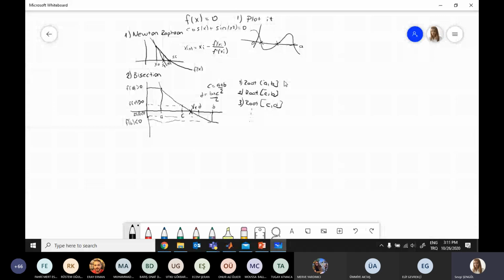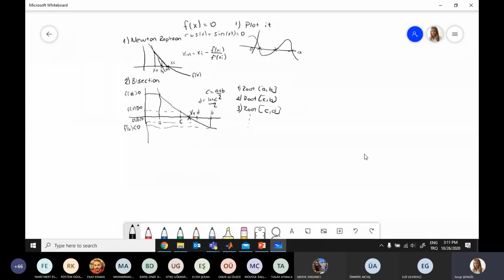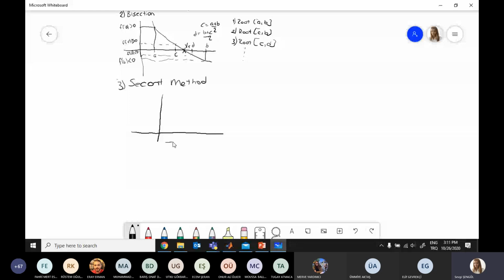And as the third method, we talked about the secant method. Last year I asked students to plot these methods and the differences, how they are approaching the root. That's why I'm trying to explain this to you right now.